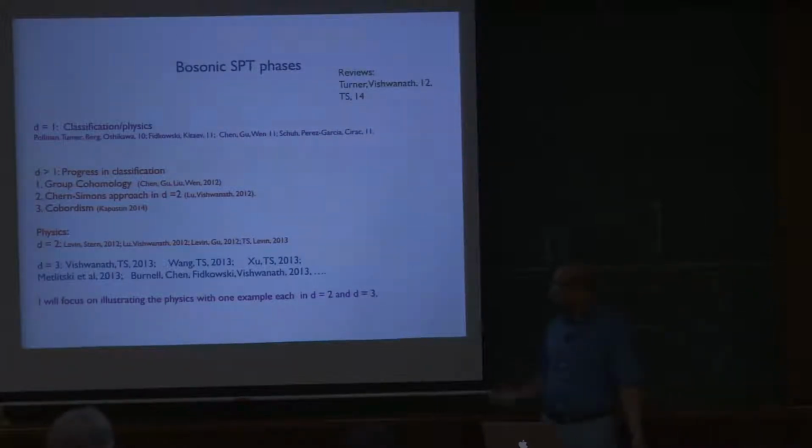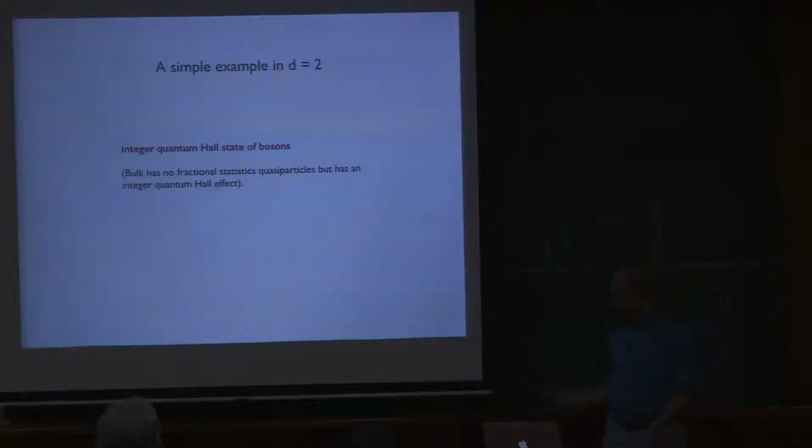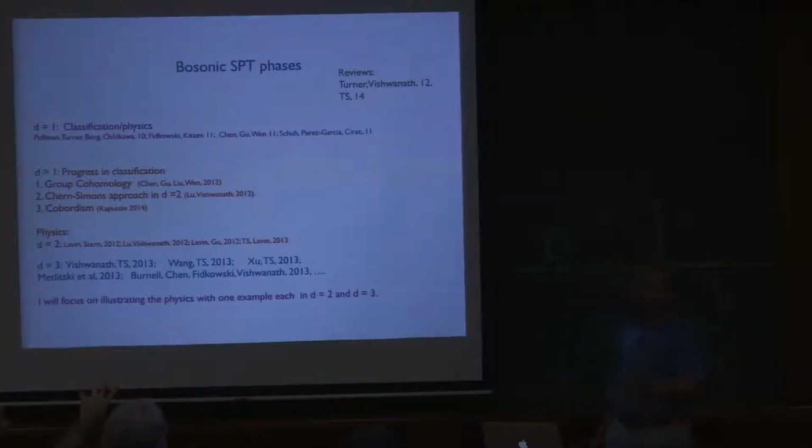Sorry, you go on, but just in general terms, are these different ways of classification equivalent, or are some finer than the others? Yeah, good. These two things can be usefully compared. In space dimensions less than 3, so 0, 1 or 2, these two things give equivalent answers.